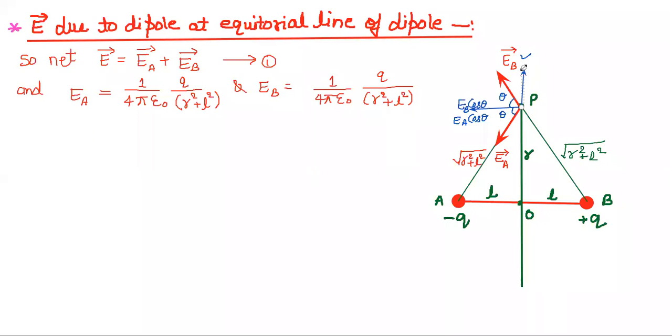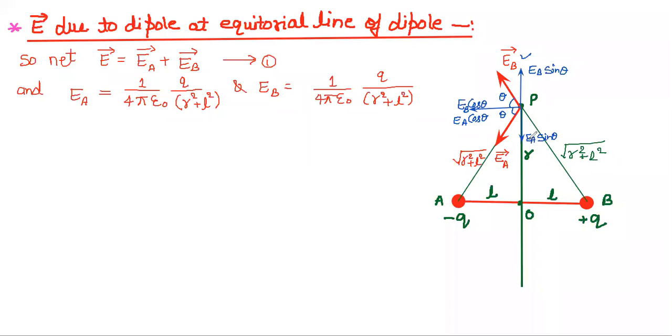There is the sine component also: EB sine theta and EA sine theta.